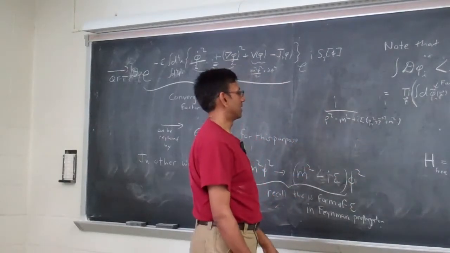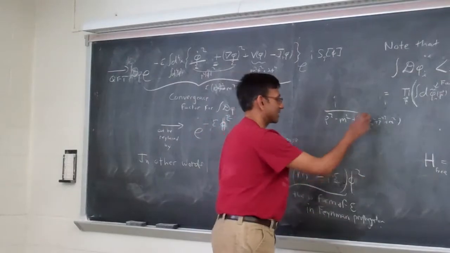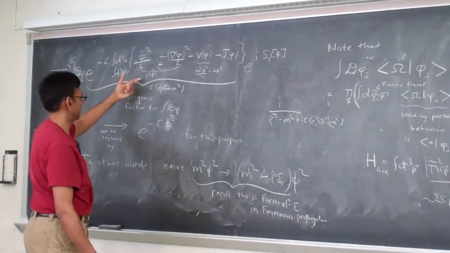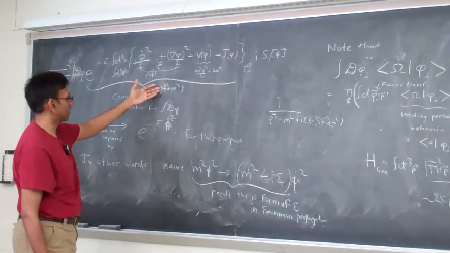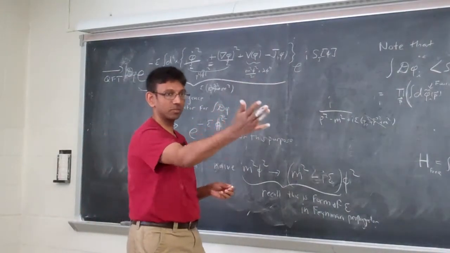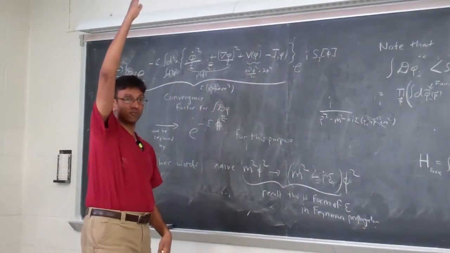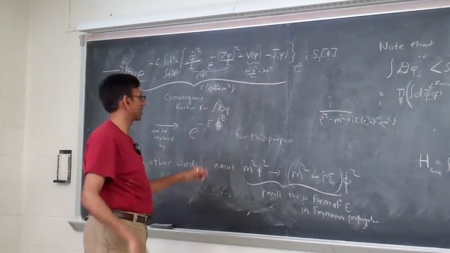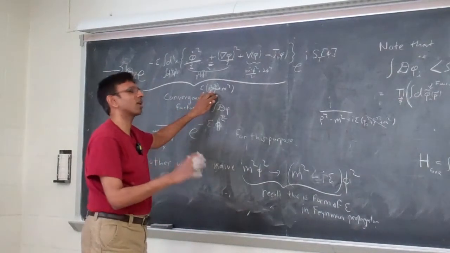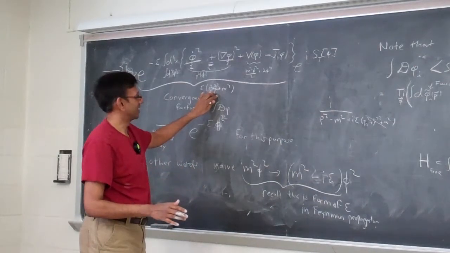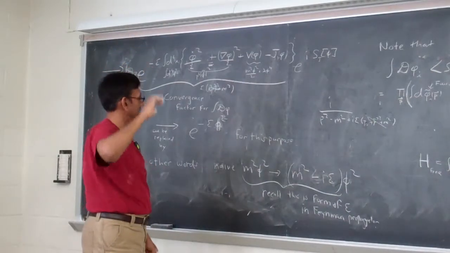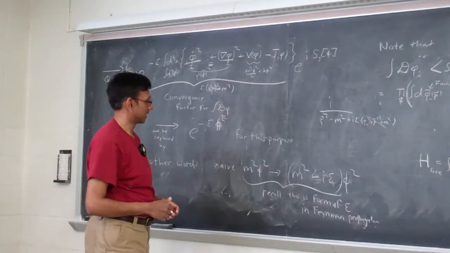That's also the sense here: whatever these values are, whether the field is wiggling in space-time or not, and I'm integrating phi to infinity, it's the large phi behavior that this thing is controlling. It doesn't care how the field is wiggling. It's just exponentially damping the large phi behavior.